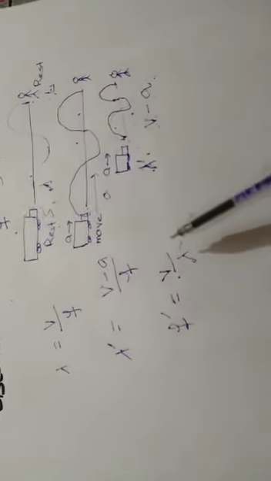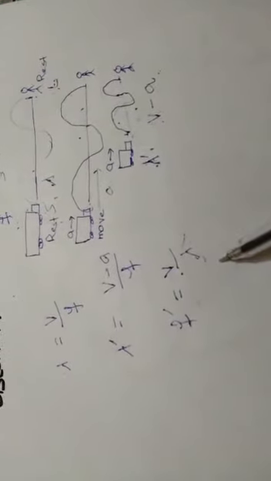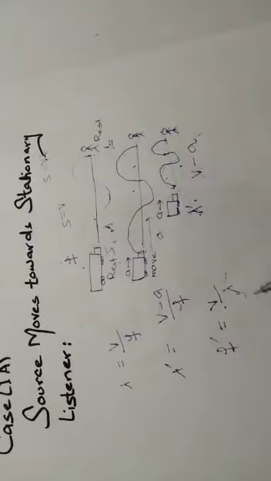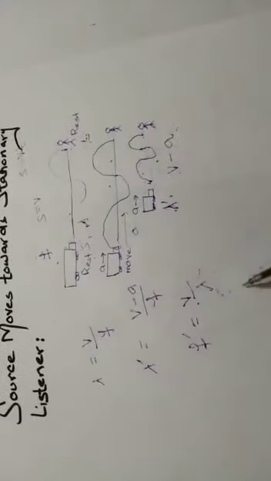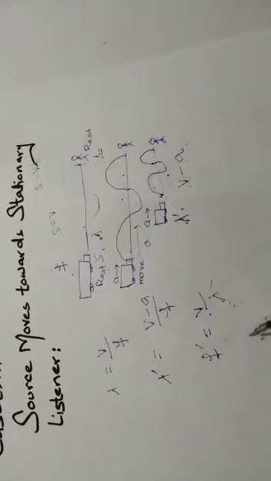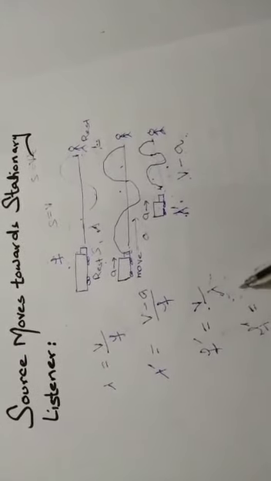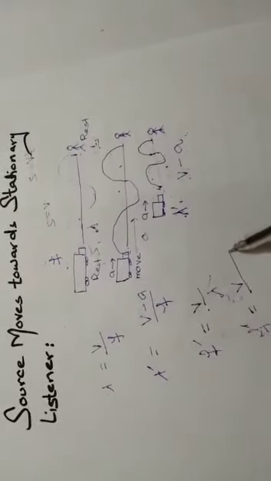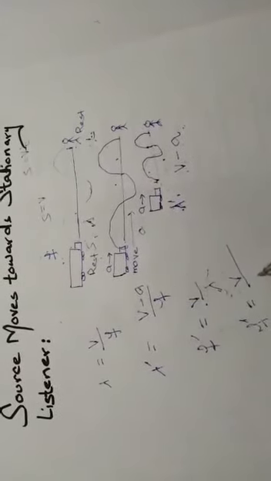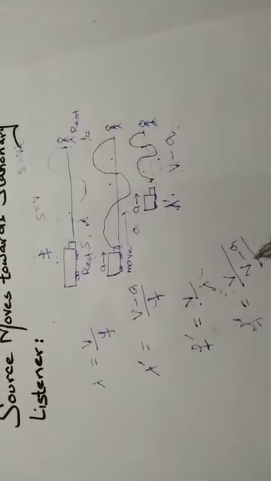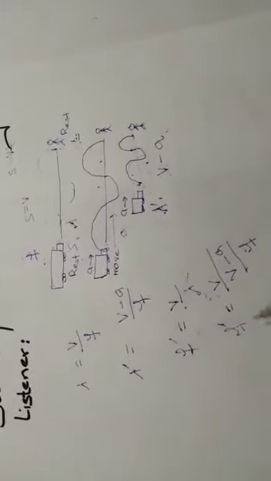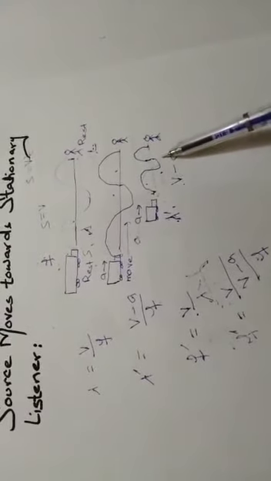So we can write the expression for the new frequency that f prime is equal to v divided by lambda prime, or by putting the value of lambda prime, we can write the expression for frequency that f prime is equal to v divided by v minus a, times f. So we have this expression for the frequency of the sounding source when it moves towards the stationary listener.